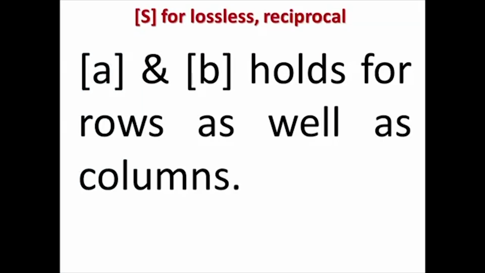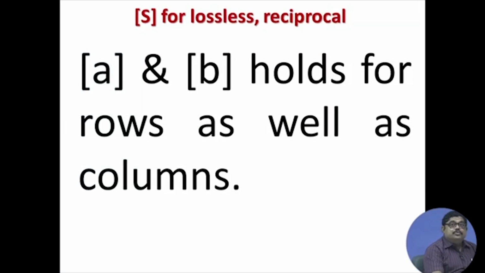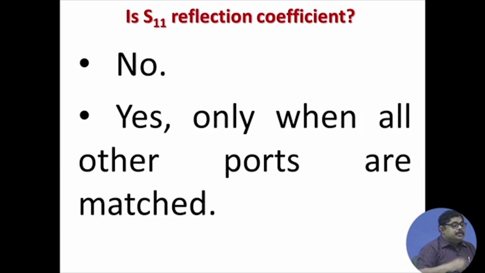Rows means this conjugated with this row will be 1, this conjugated with this row will be 1, this conjugated with this row will be 1, this conjugated with another row will be 0, this conjugated with another row will be 0, like that. So, all these are required when we try to solve various particular networks. These properties help us, these are very useful properties.